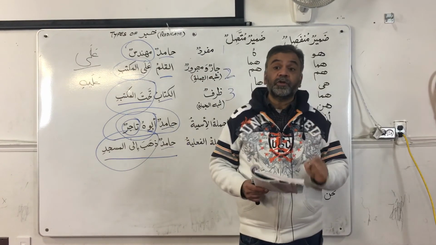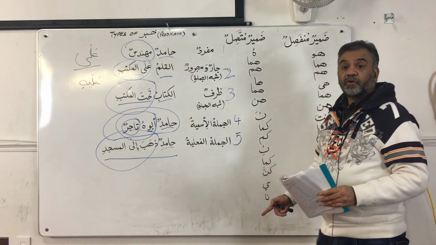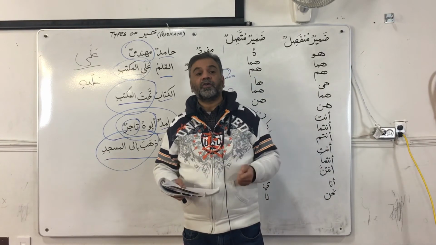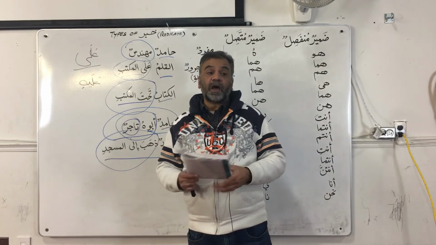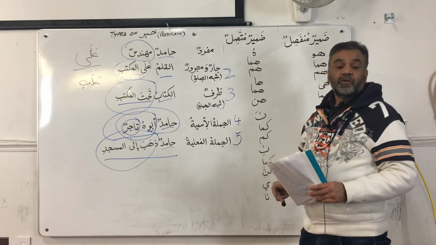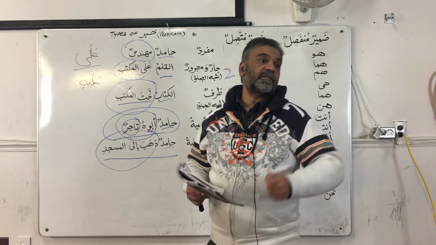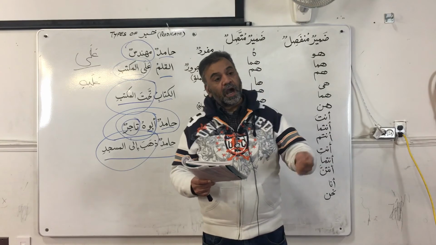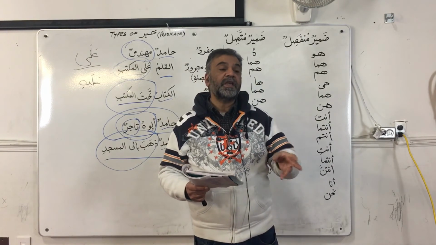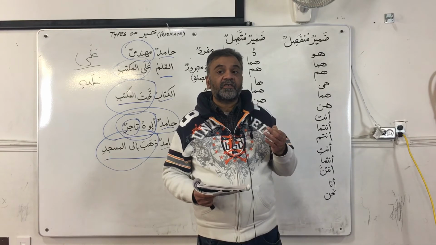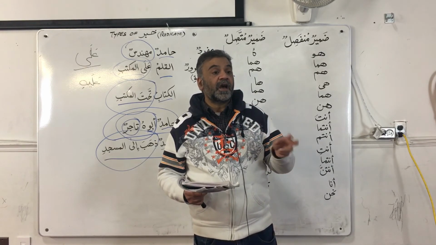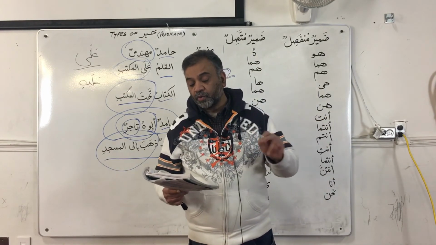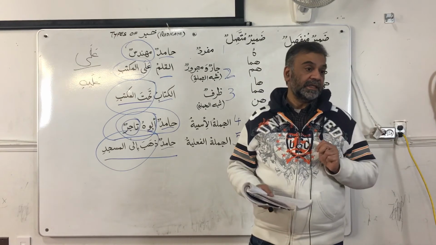But when abun joins with the damir muttasil, the vav will present itself. Same with akhun. There is no vav in akhun, but when akhun joins with the damir muttasil, the vav will present itself. So abun, abuka with the vav, abuhu, abuha, abi. Now abi, we cannot bring a vav because vav and ya are not compatible. Akhun, akhuka, akhuhu, akhuha, akhi.